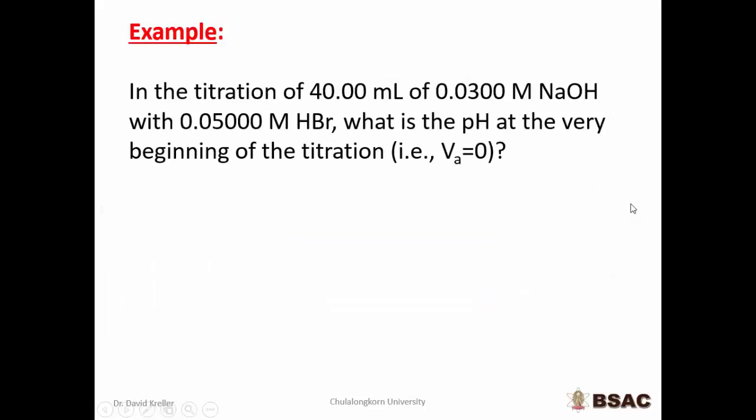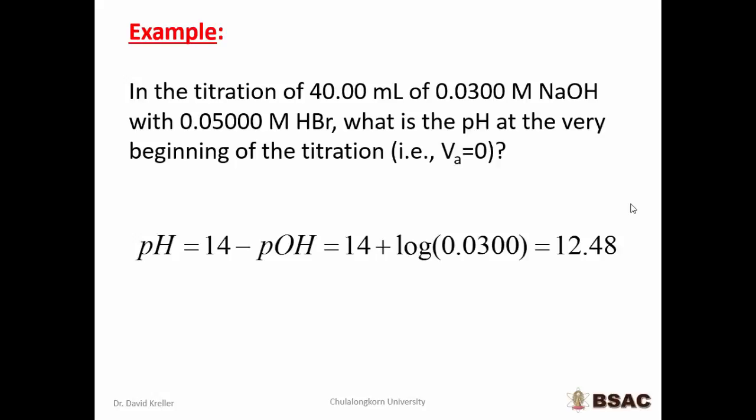Let's quickly do a calculation of the pH at the very start of the titration, i.e. the pH when the volume of titrant that's been added is 0. That's a very simple calculation. It's just a basic solution, and the concentration of the base is just going to be equal to the concentration of the sodium hydroxide that you have at the very beginning.